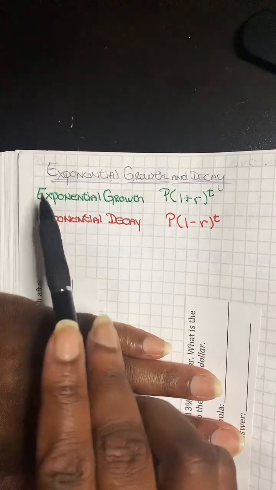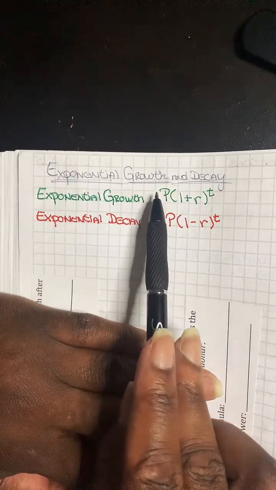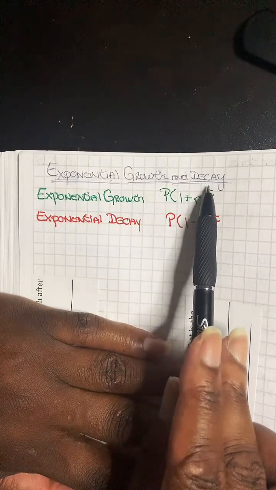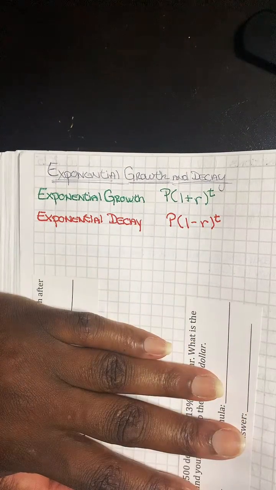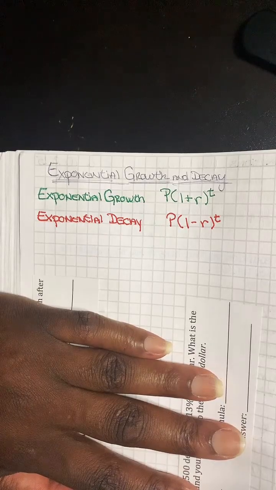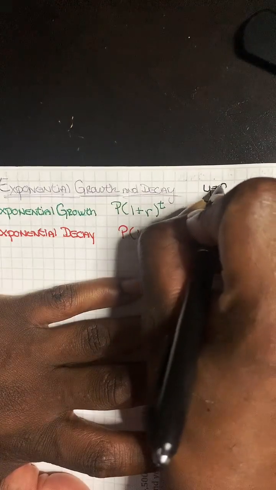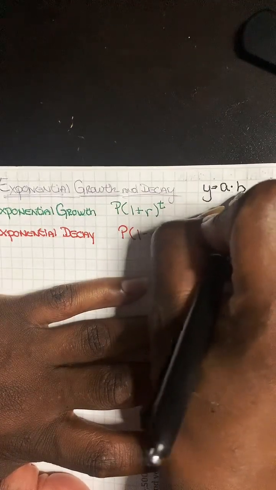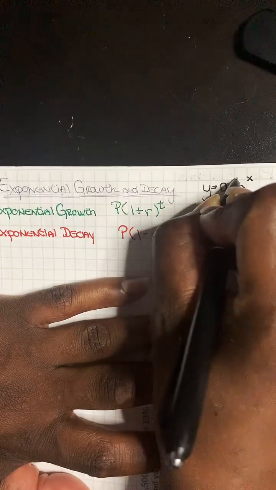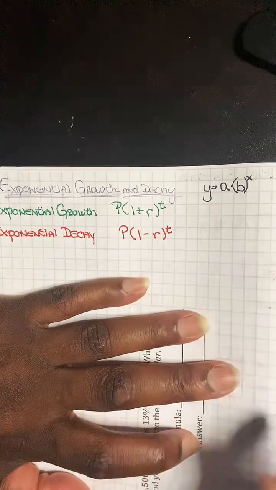All right. So we have exponential growth and decay. I know I've seen some of these before. We worked on it when we were using this equation, a times b raised to the x. Sometimes it's written like this.